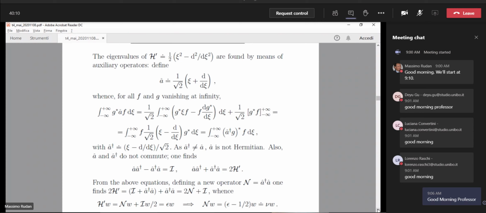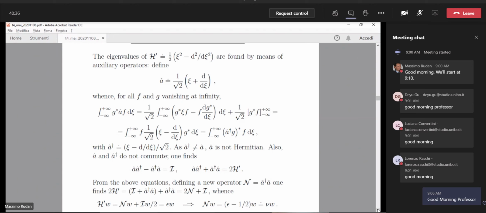by parts. Okay, so you see in the first line of the calculation there is already the integration by parts. The term with the derivative is replaced with f minus f with the derivative applied onto g star.